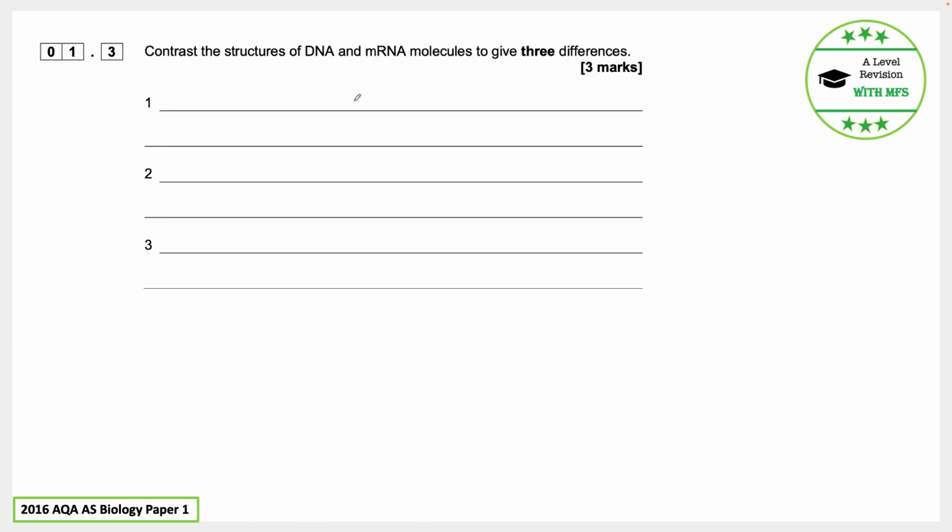Okay, final question. It says contrast the structures of DNA and mRNA molecules and give 3 differences. Okay, now the most obvious difference that you can give here is that DNA is double stranded, so double stranded, and you need that, and mRNA is single stranded.